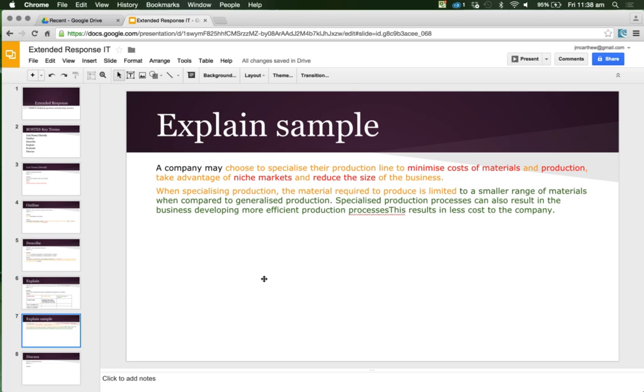So in this case, I picked a few areas. Minimise costs of materials is the reason I'd specialise, and also the costs of production. Take advantage of niche markets and reduce the size of the business itself. Sometimes when you've got a really massive company, and we were using the example of Apple for multimedia, Apple actually reduced in size originally.